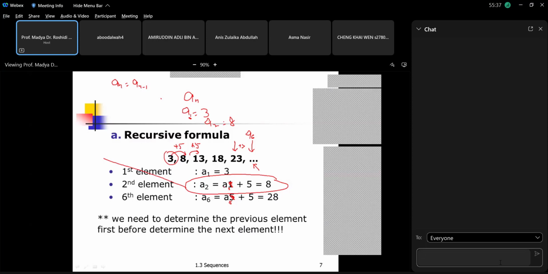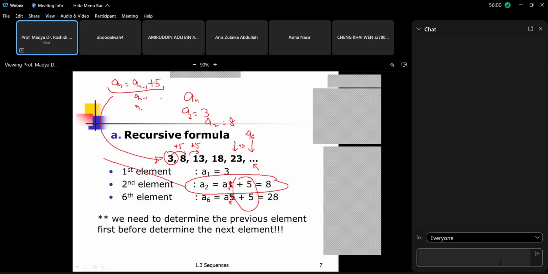So here an minus 1 will be a1. For example, a2 minus 1 will be a1. That's why I put here an equal to an minus 1. This value is fixed, so plus 5. This is the formula in order to represent this sequence.